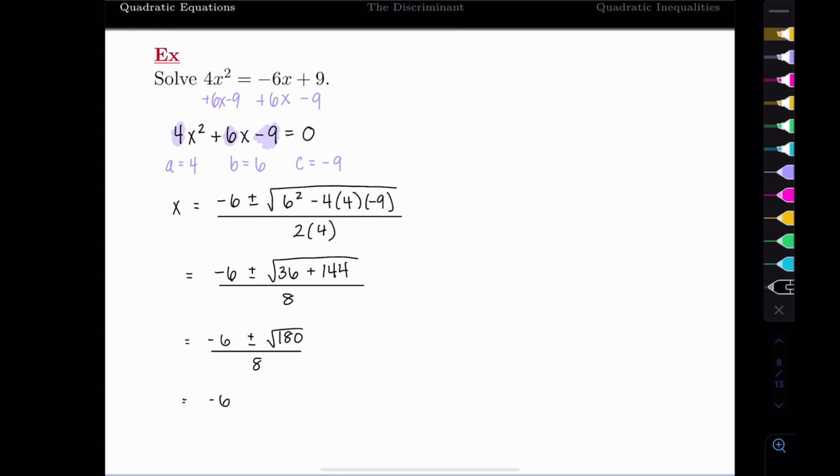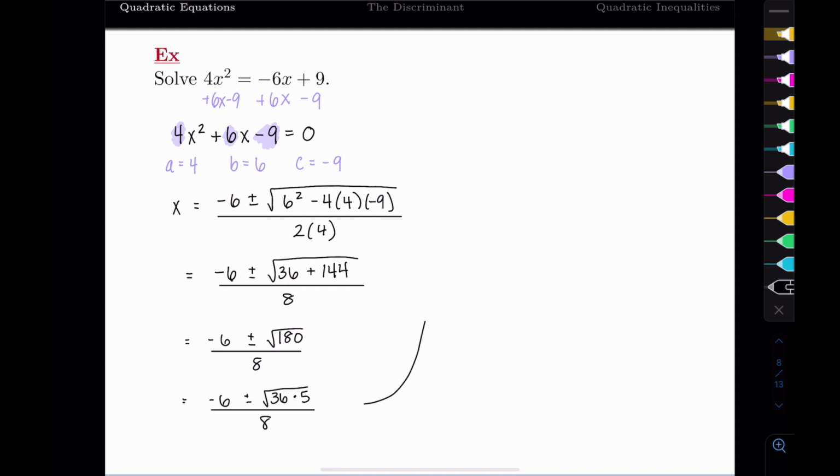You're trying to find a perfect square. You might recognize it's divisible by 4, but you could actually take a lot out of this. The biggest perfect square it's divisible by is 36, so you can write 180 as 36 times 5.